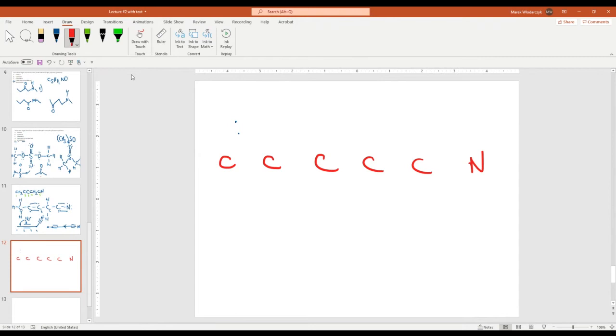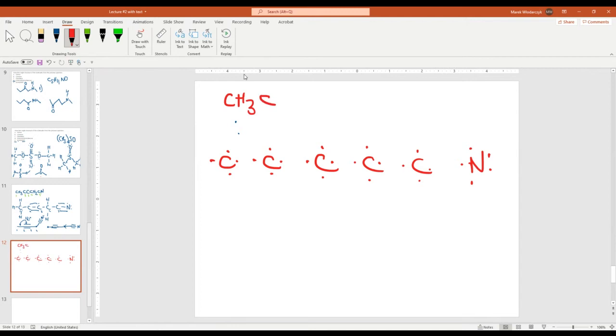This is what our condensed formula tells us. Each carbon has 4 valence electrons. Nitrogen has 5, correct?